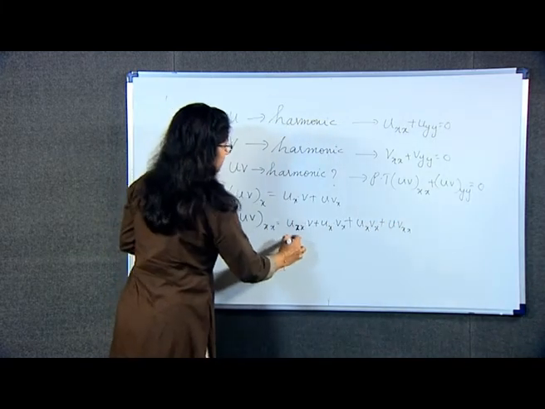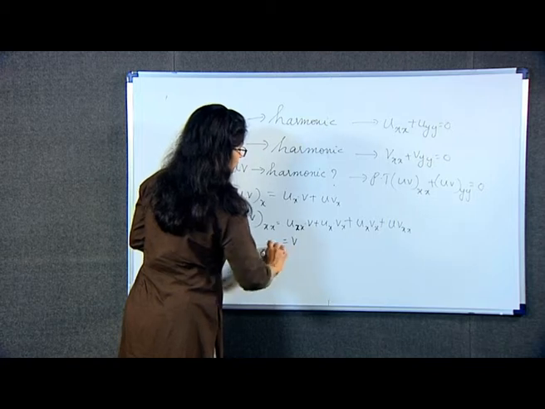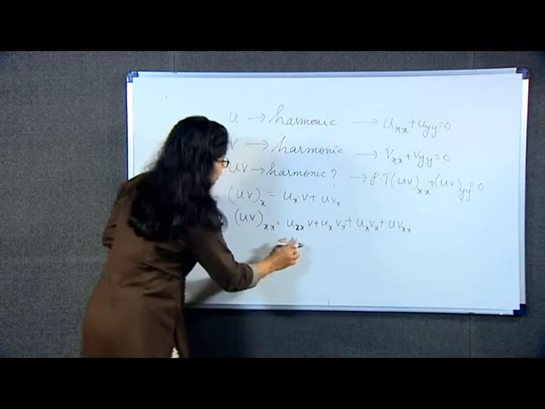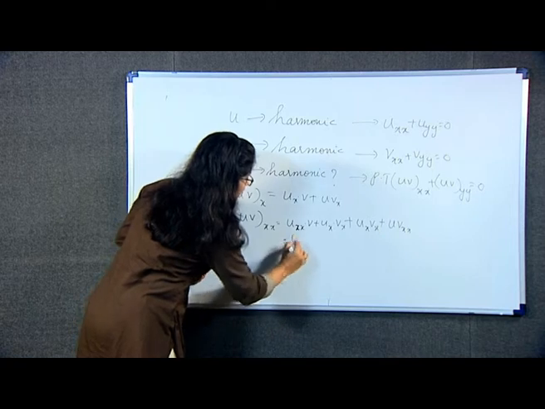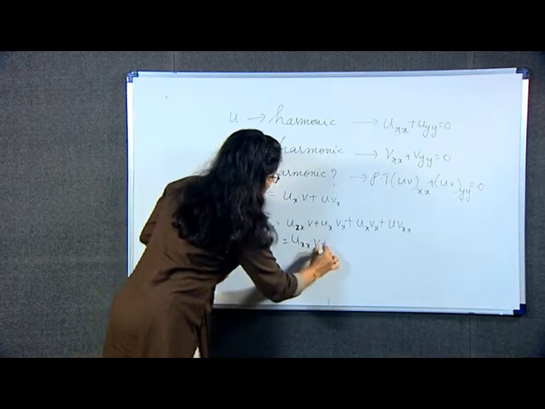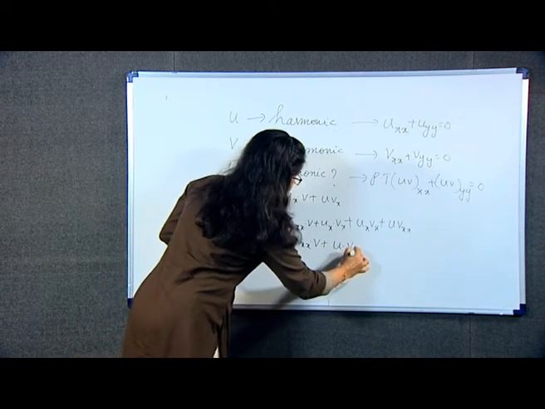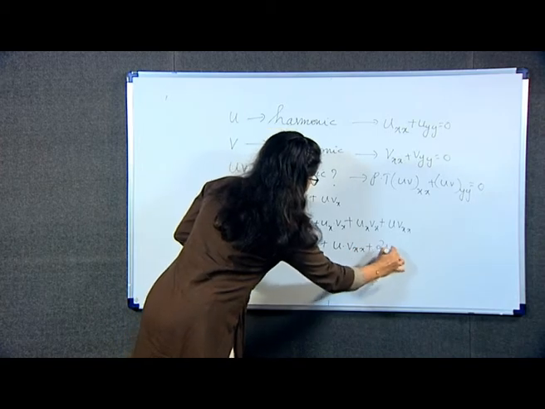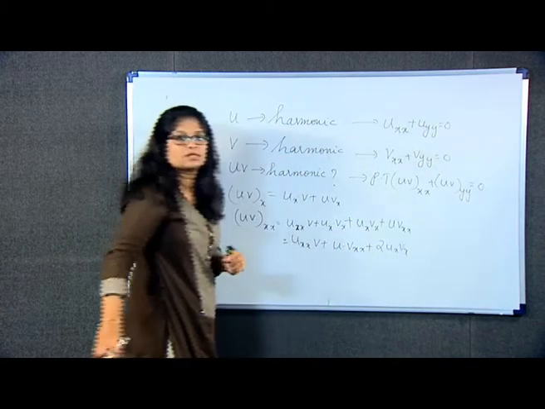So, uxx into v plus u into vxx plus 2 times ux into vx.